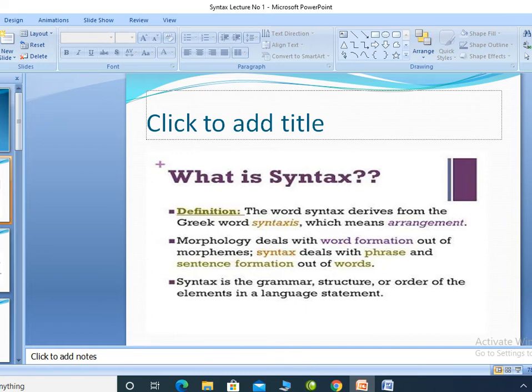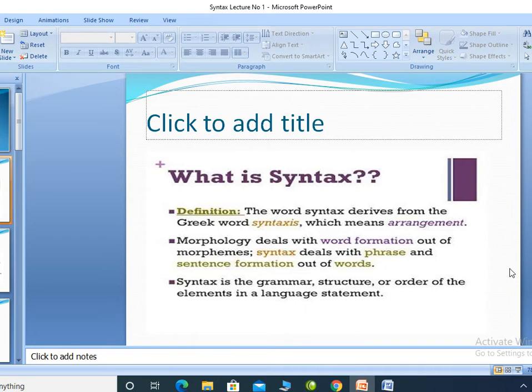So morphology produces the bricks, the blocks and the cement, and the mason puts these in proper sequence and order. This is called syntax. Syntax puts the individual words, phrases and clauses in a sequence and in order. So this is called syntax.